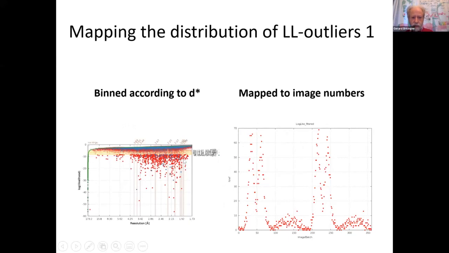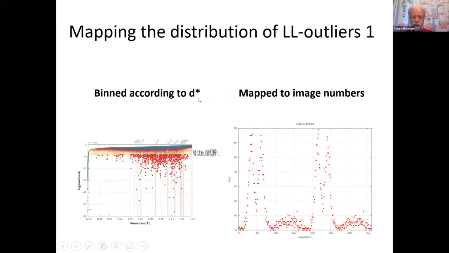We rarely see that. So as I mentioned here, we display all those dots binned by D star, but still distinct. So we can rearrange the labels of all these dots in such a way as to see what unmerged reflections each measurement came from.